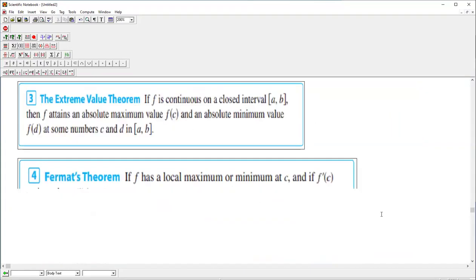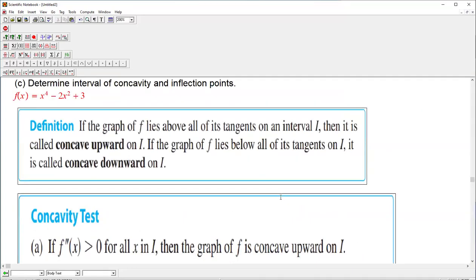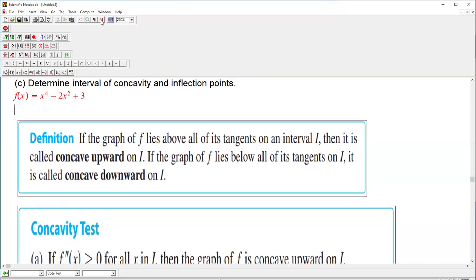An inflection point is where there's a change of concavity, either from concave up to concave down or concave down to concave up. So in this case, you don't even need to find the critical numbers. The first order derivative is 4x to the power 3 minus 4x.